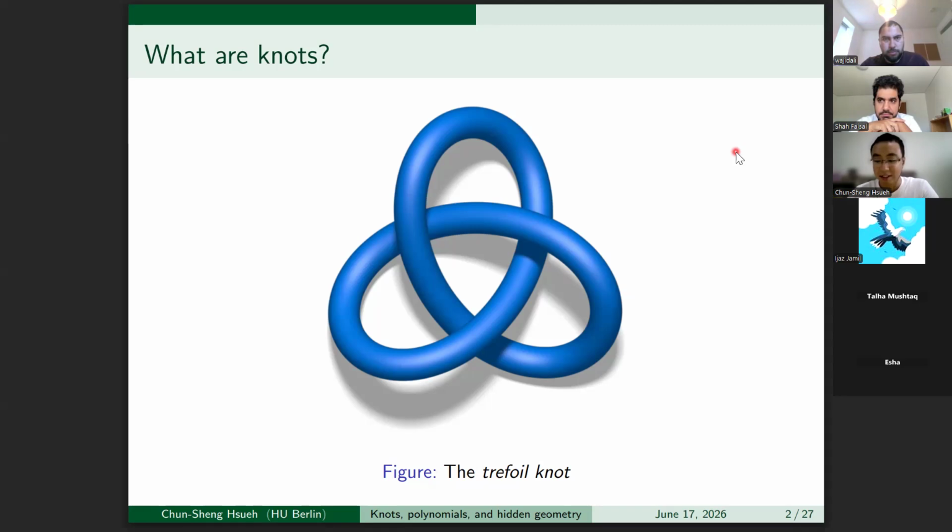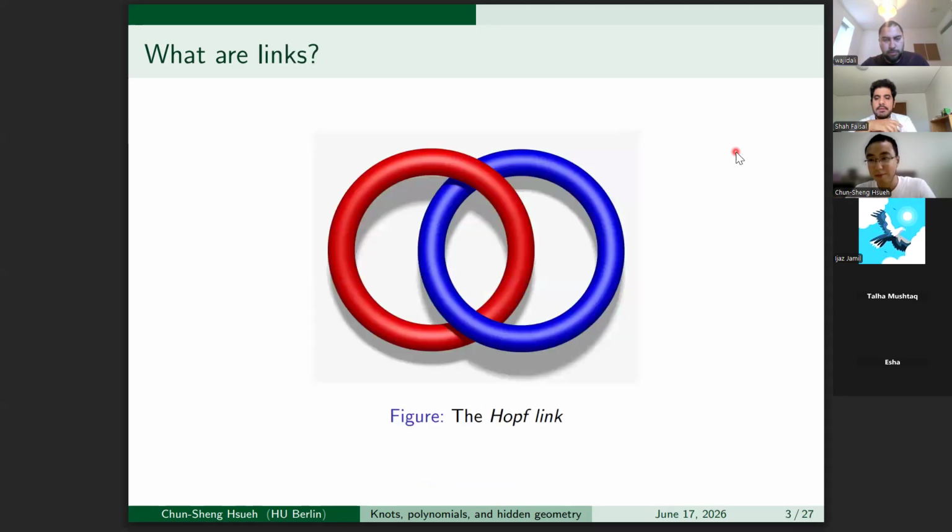And the siblings of knots are links. Links are the case where you have more than one component of S1 embedded. For example, in this picture, this is maybe the simplest example of a link, where you have two components and each component is just what we call an unknot.